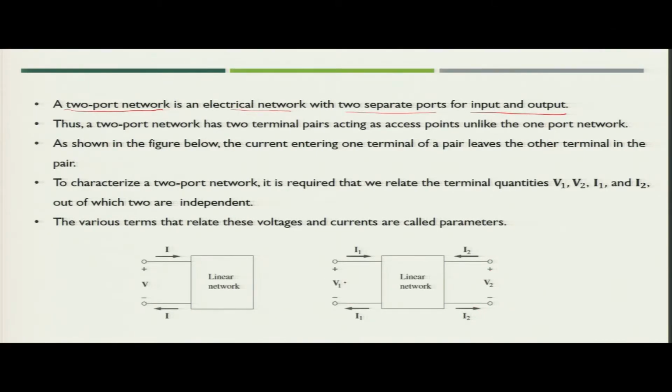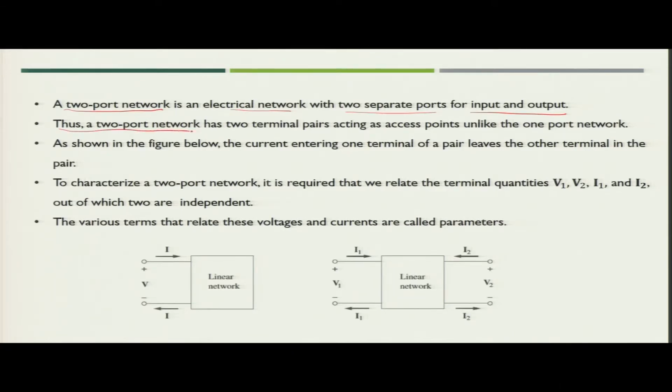So, you can either put two voltage sources on both sides or two current sources on both sides, or you can put a resistor, capacitor or inductor across the terminals and try to find out the values which are required to be calculated related to that particular network.